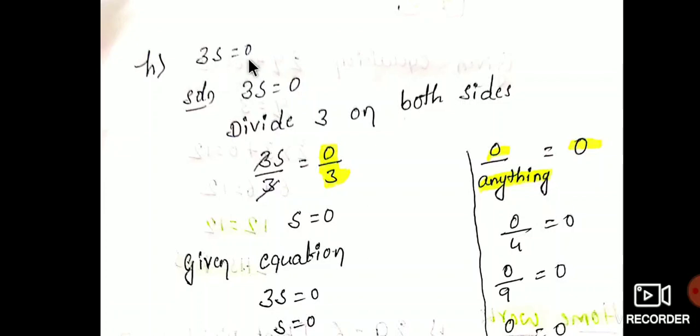So we have to find the value of the unknown variable. Which is the unknown variable? s is the unknown variable. Do you know the value of s? No sir, we don't know the value of s. That's why we have to find the value of that unknown variable. So to find this, 3 is multiplied. 3 into s, 3s is multiplied. 3s is equal to 0. So we have to divide 3 on both sides. Divide 3 on both sides.